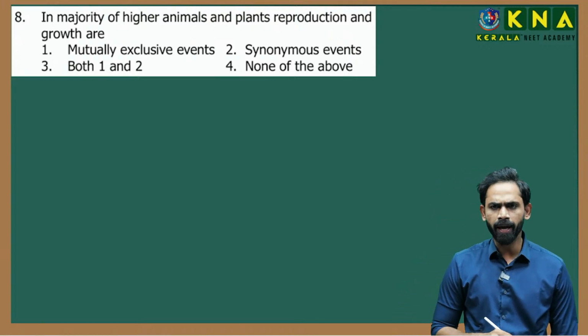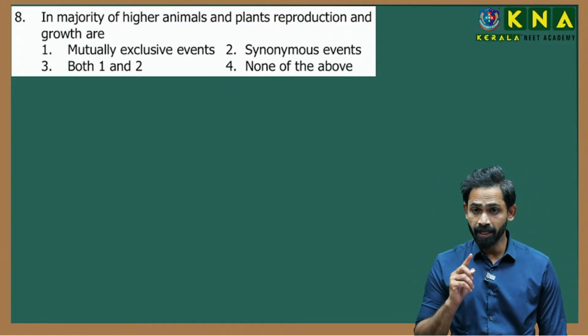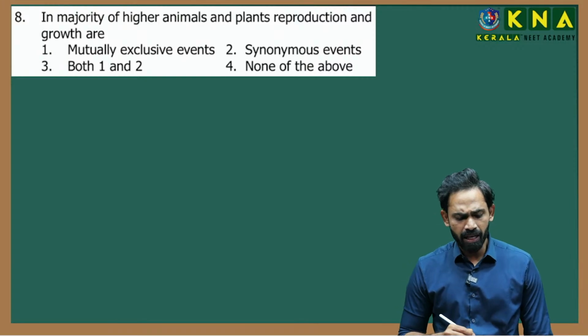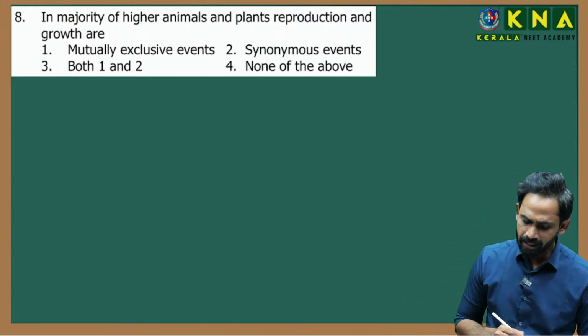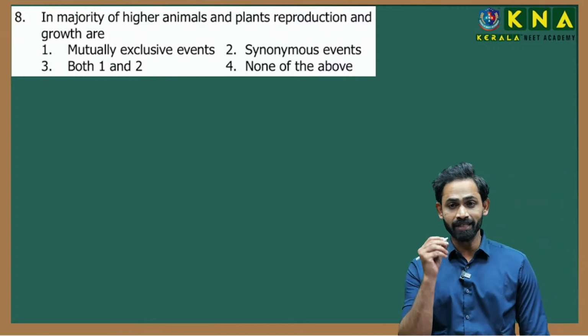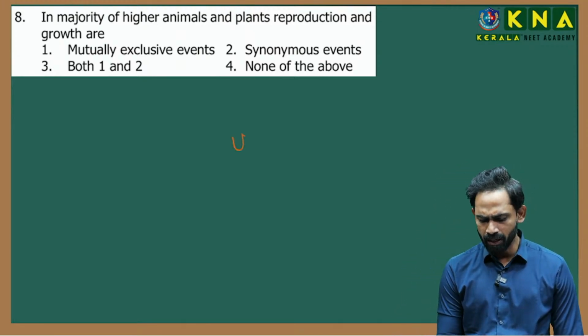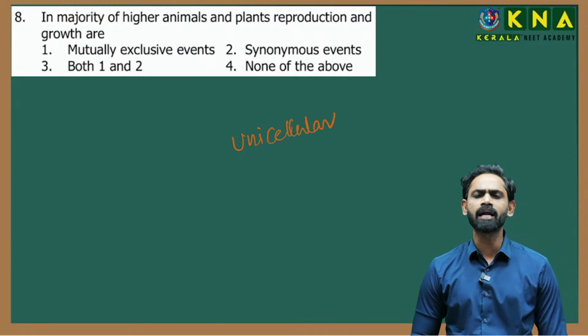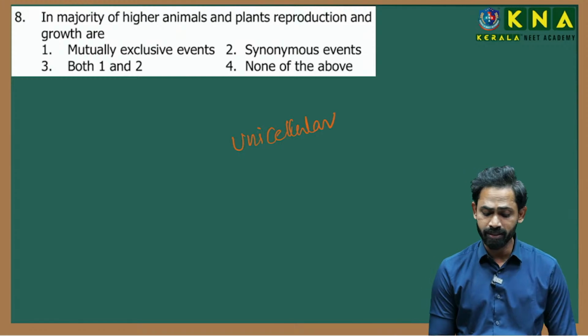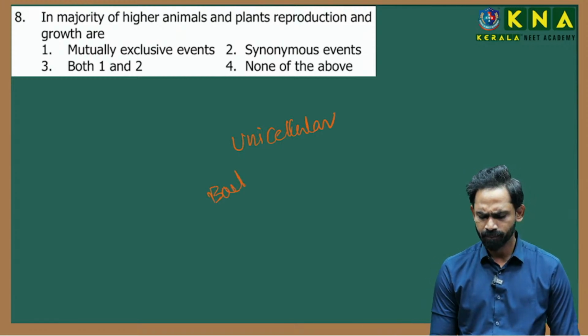This is also okay, but NCERT. In the majority of higher animals and plants, reproduction and growth, there are 2 statements if you remember. In unicellular organisms, tell me what are the unicellular organisms? Bacteria.